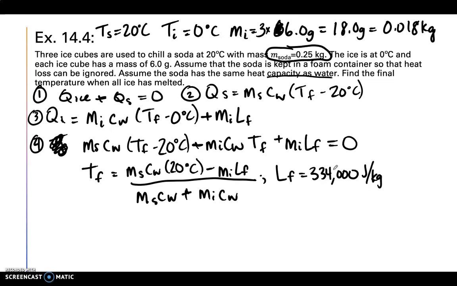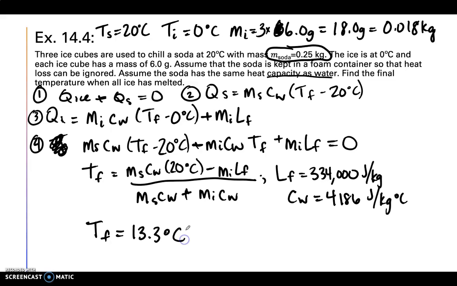Okay. So once we plug all of our values in, let me also note C_W, 4186 joules per kilogram degrees Celsius. Okay, we find that our final temperature is 13.3 degrees Celsius. Okay?